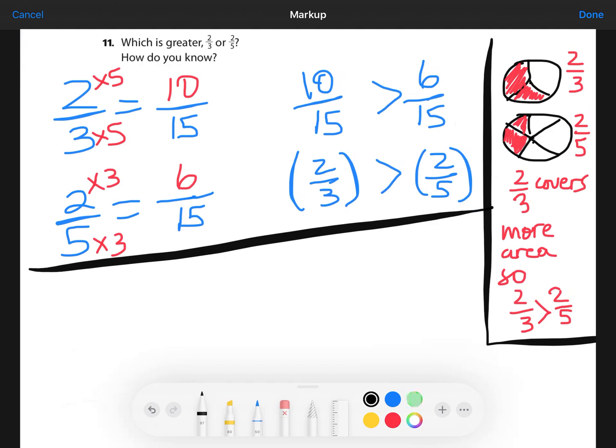I can also use a number line, 0 to 1, and I'm going to do another number line, 0 to 1. I could use the fancy ruler tool, but I'm going a little bit quickly.